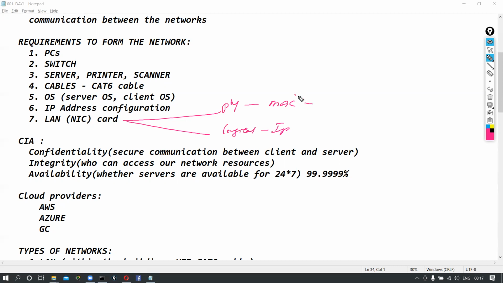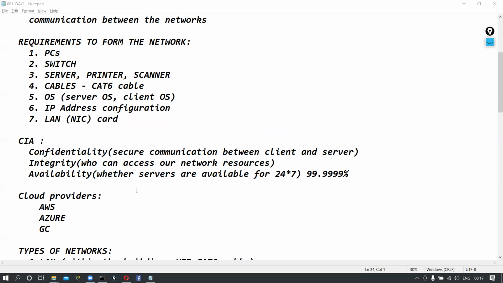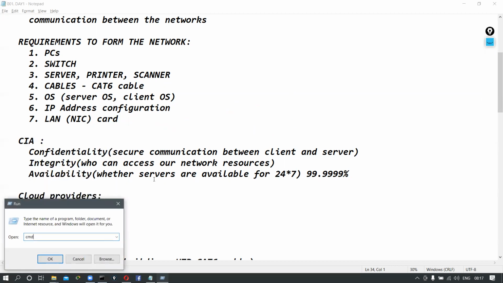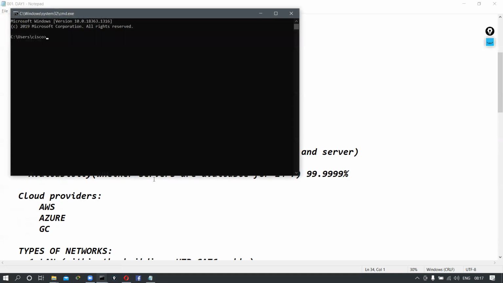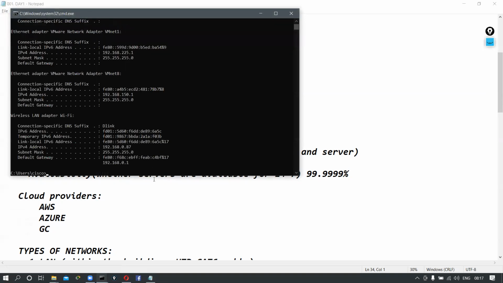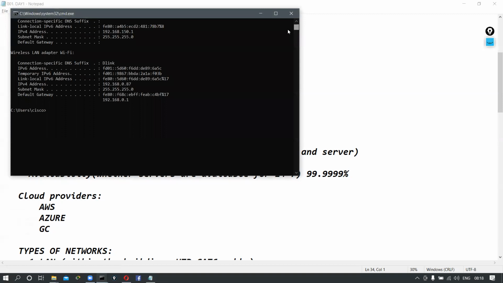Okay, how to check the MAC address and the IP address of the device? We first need to go to CMD. Here we need to type ipconfig. Clear now? Enter. Can you see here? Where is my wireless adapter? Yes, here.